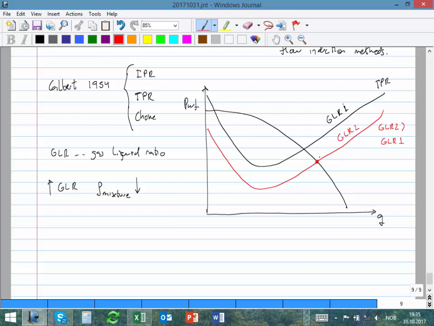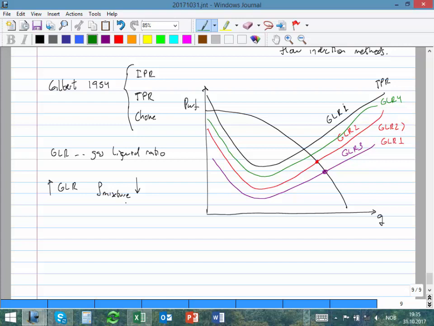But when you inject too much gas, it will continue reducing and reducing until one point where it will start to go back up again, for example, gas liquid ratio 4. So it will give you more and more production, but at some point it will start to go back, less and less production when you keep increasing the gas liquid ratio.